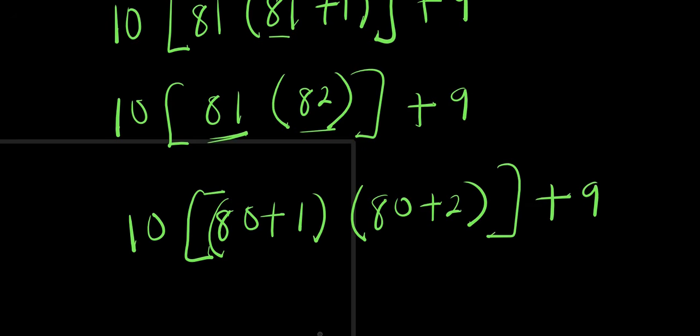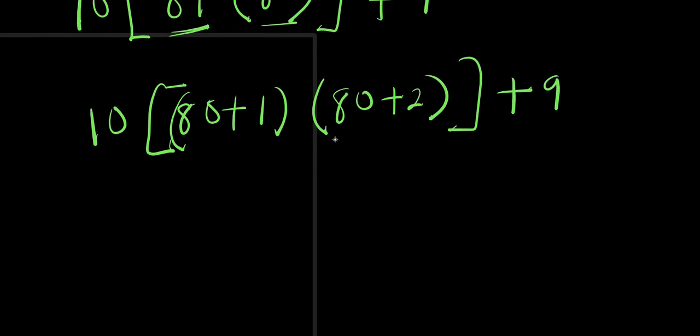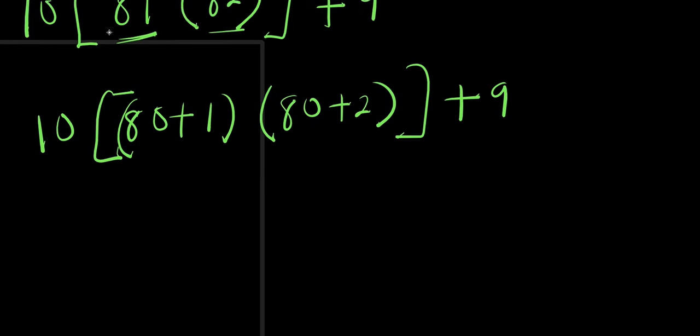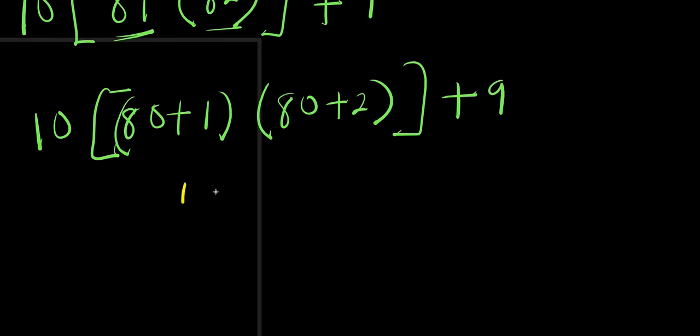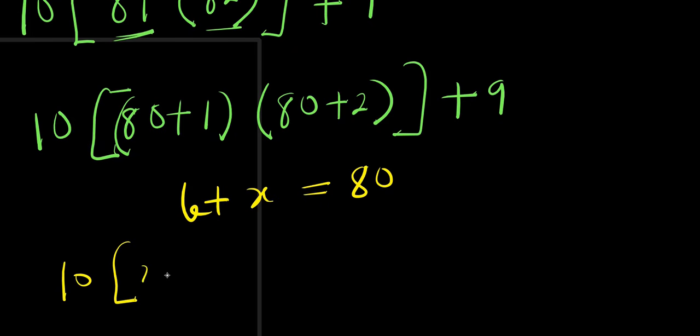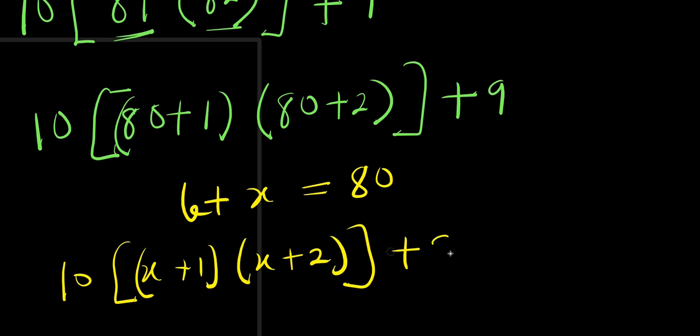And we have plus 9. At this point, I can say let x equal 80. So this will be 10 times x plus 1 times x plus 2 plus 9.